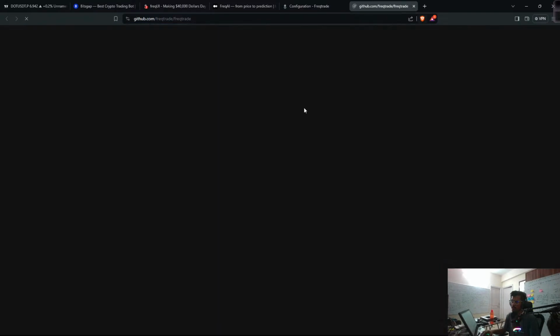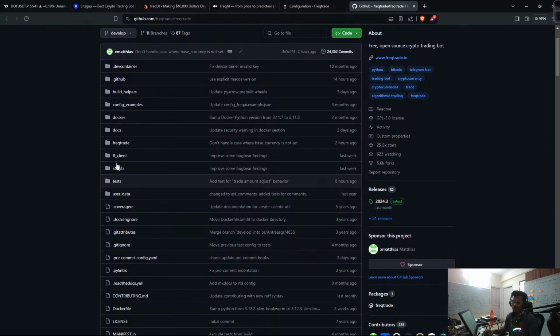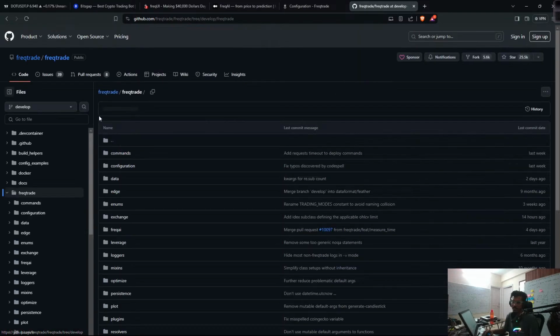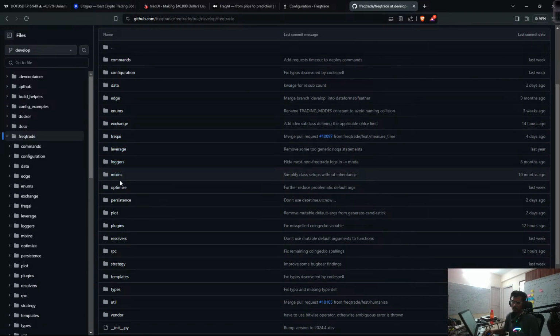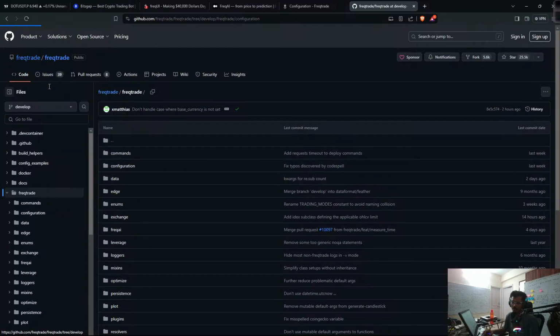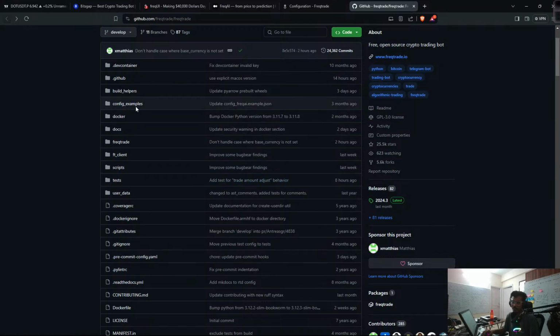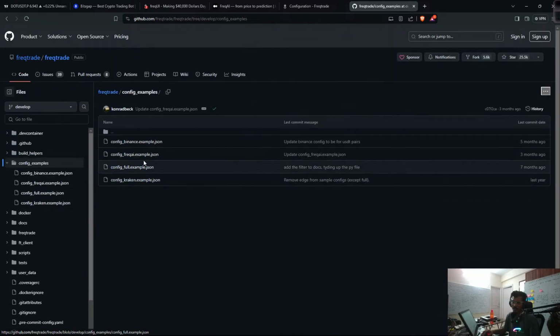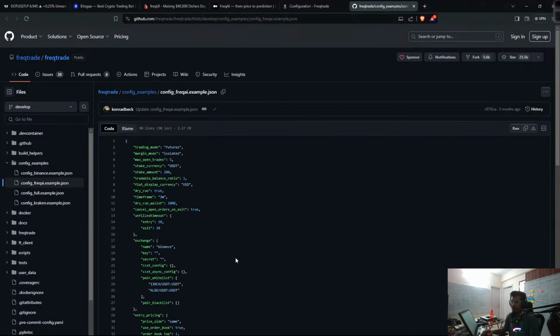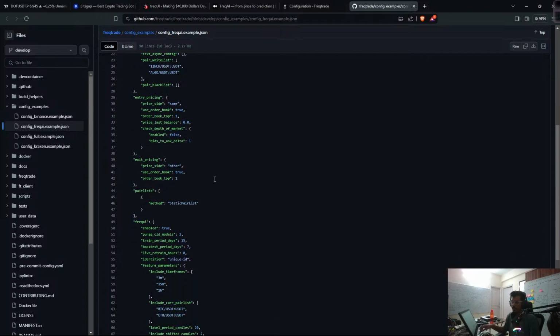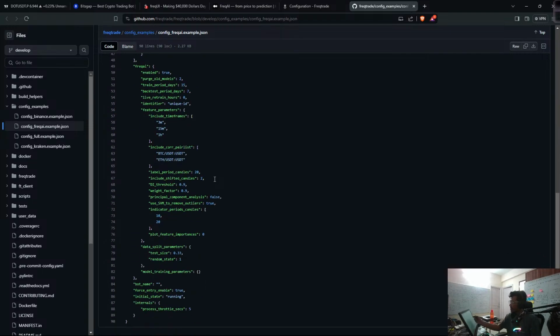When I go to GitHub, go to FreqTrade, hang on, configuration. No, it's not that. It's actually config examples, and go to FreqAI examples, and here you'll see this, right?